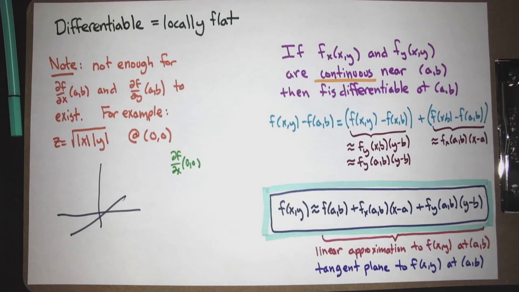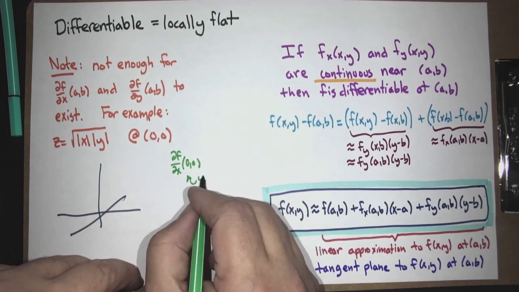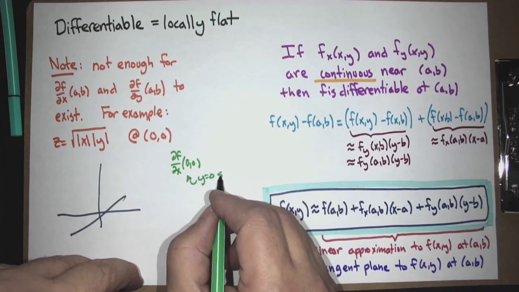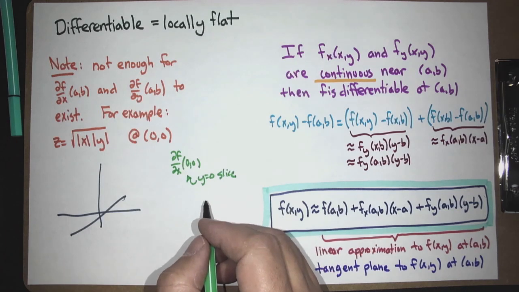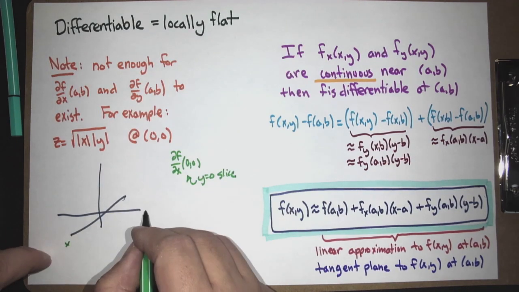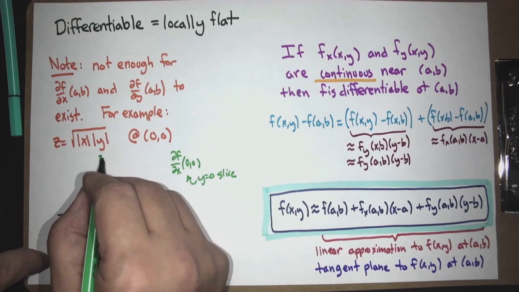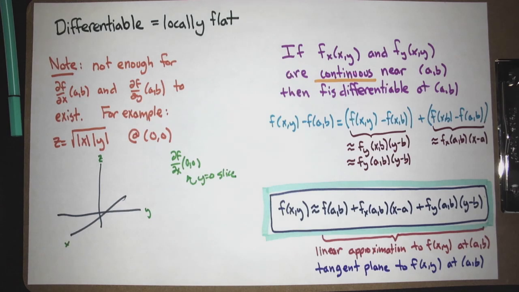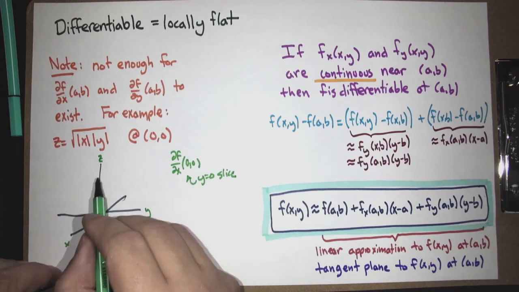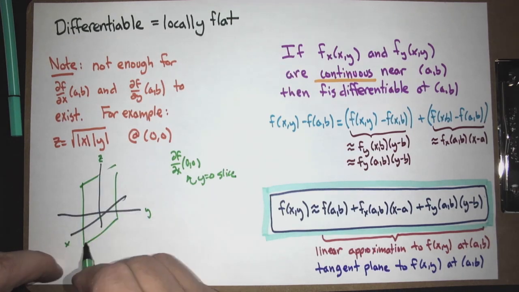So what does that say we do? Well, what we do is we want to work in the slice. So here we're going to take the y equals 0 slice. All right, well, where is that? X, y, z. And the y equals 0 slice is that slice right there.